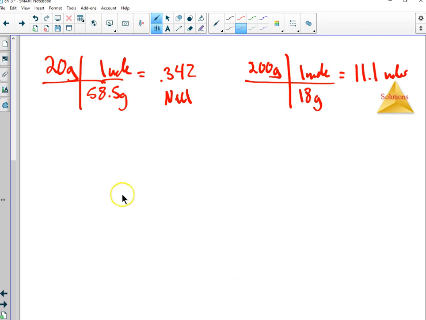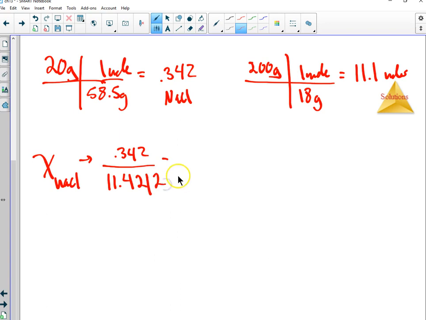The mole fraction for salt then, I take 0.342 divided by the total of these two, which is 11.442, right? Sorry.